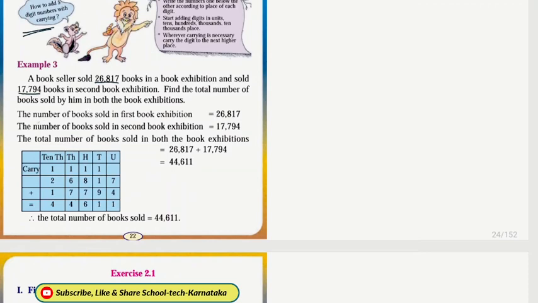So, the number of books sold in first book exhibition is 26,817. The number of books sold in second book exhibition is 17,794.